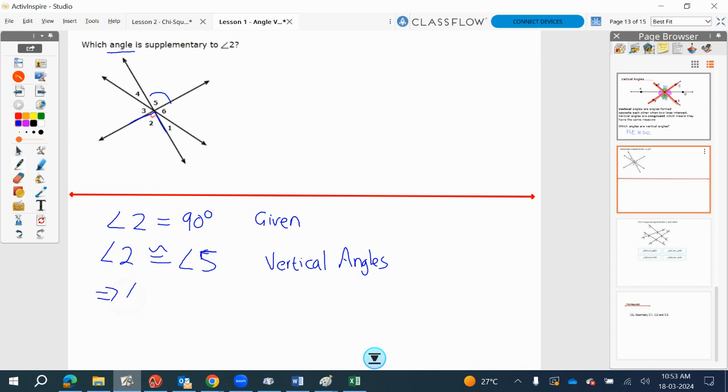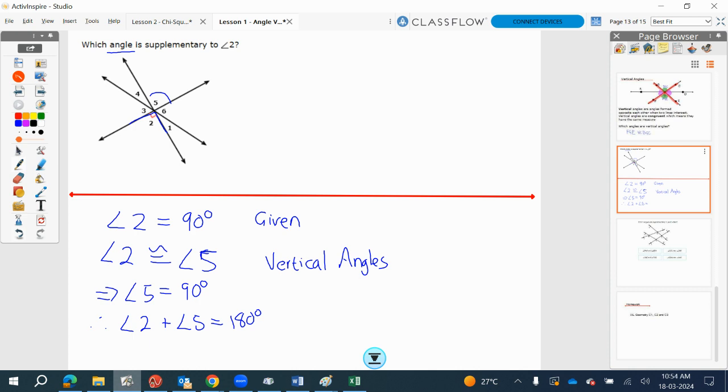Therefore, angle 5 is 90. Therefore, angle 2 plus angle 5 equals 180.